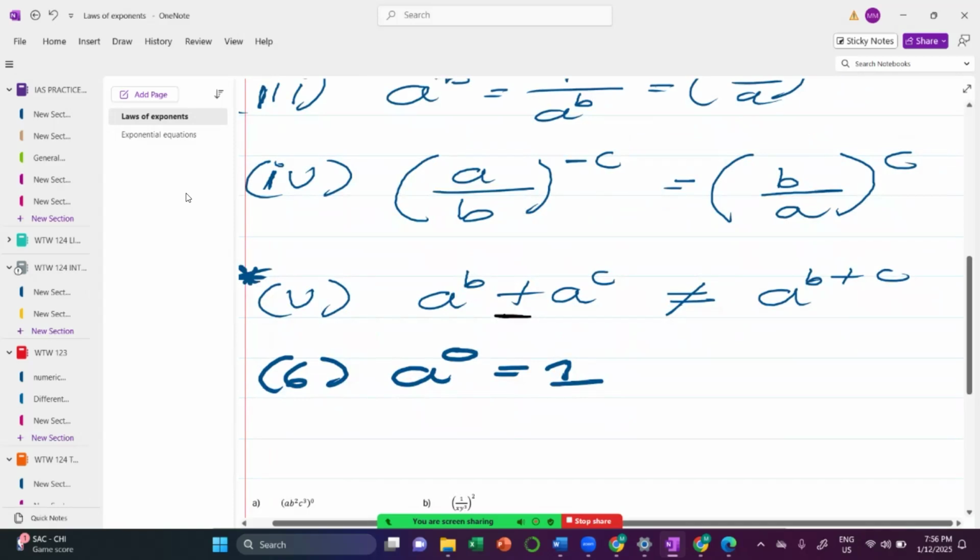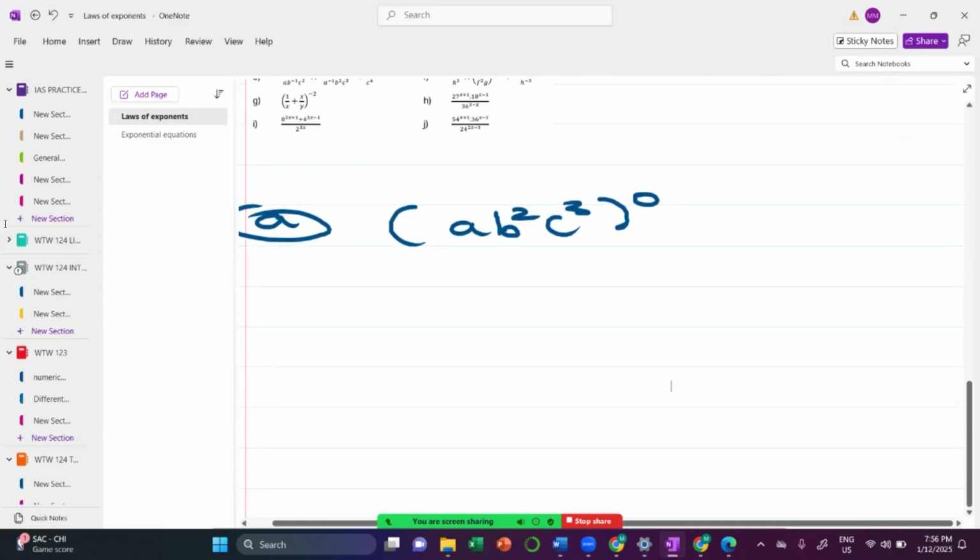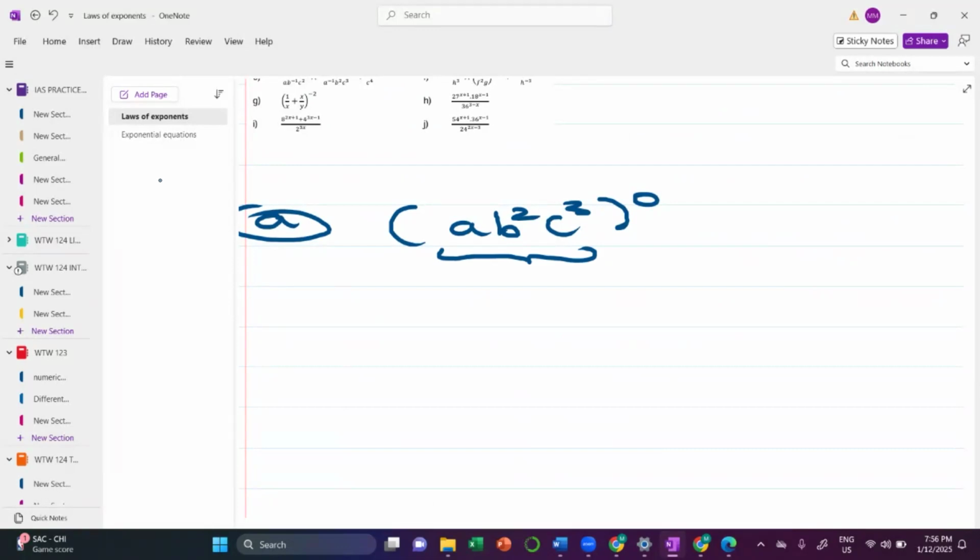So tell me, is this not a variable? These variables multiplying each other all make up a single number, and then we are raising it all to the exponent of 0. So therefore, all of this is just going to be equal to 1. Do you guys understand?